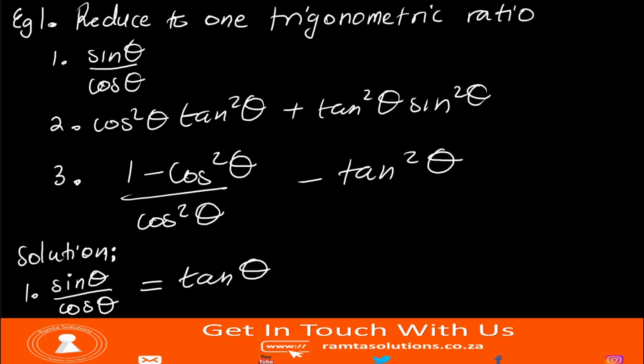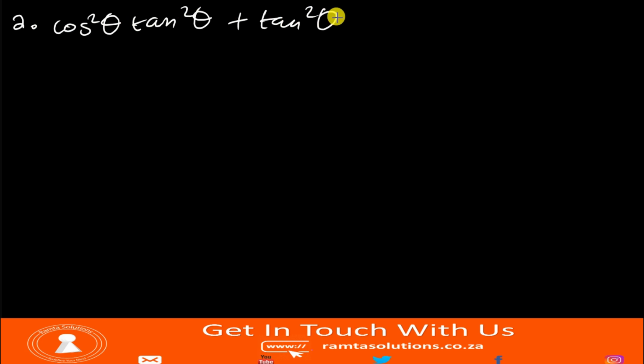We then need to go to number 2. We're looking at cos squared theta tan squared theta plus tan squared theta sine squared theta. Trust me, when you look at this, I see there's a common factor, tan squared theta. Why not take it out as a common factor? What are you left with?